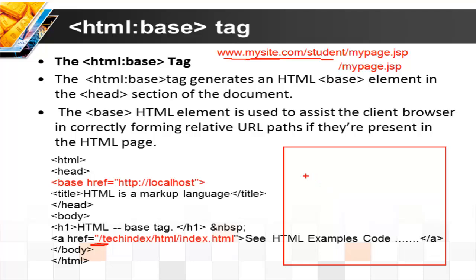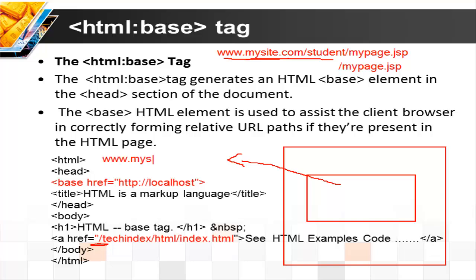Now, when you have the applet or some Java or any other component, we may not like to go to this student. Instead, your applet may come from a separate folder. So you may have a folder in your site, say mysite.com/applets, and maybe your applets are there.